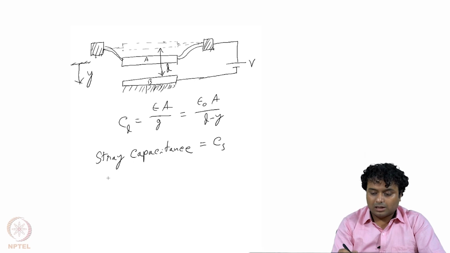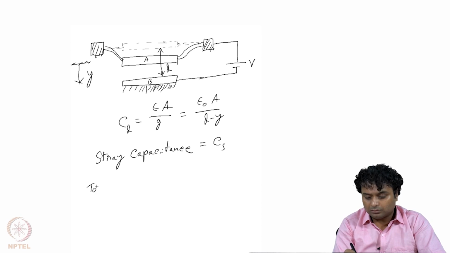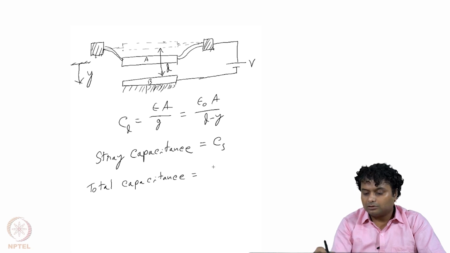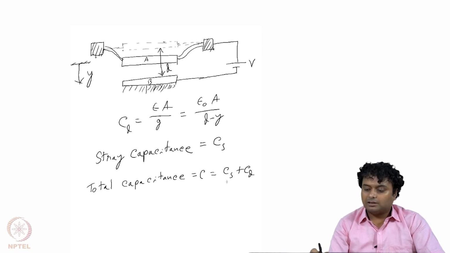Now the total capacitance C is equal to Cs plus C of device, the stray capacitance plus the device capacitance.